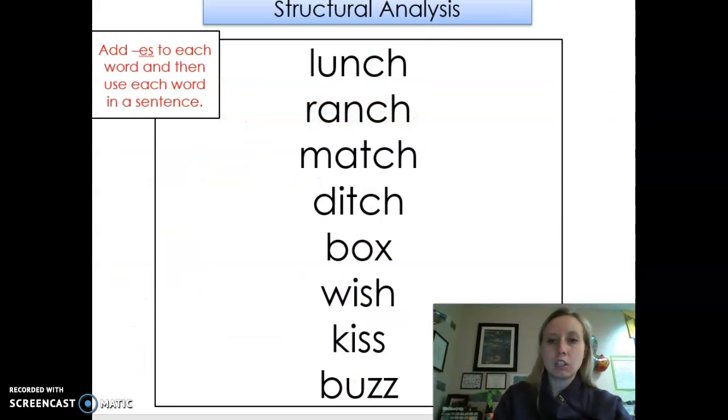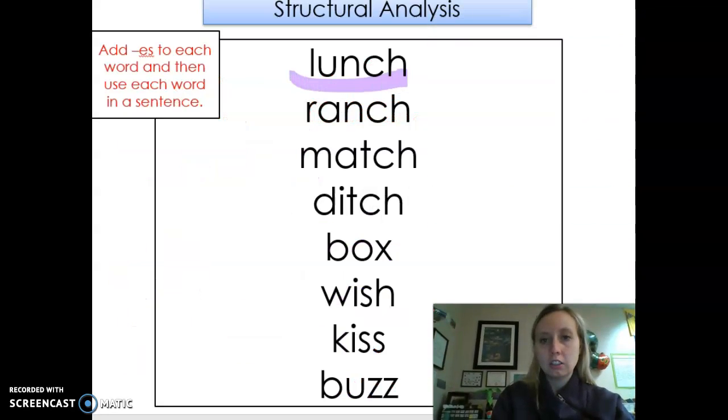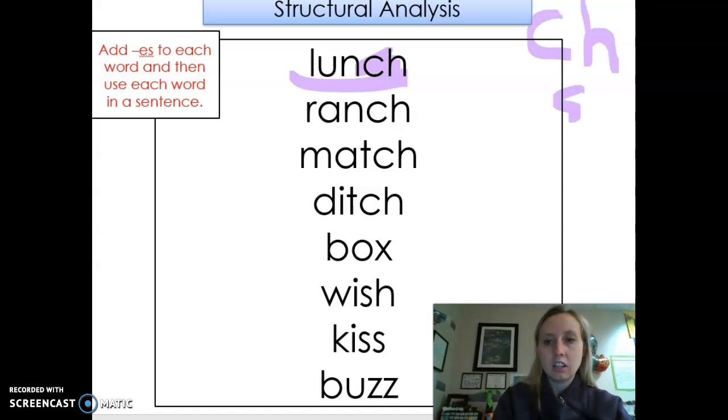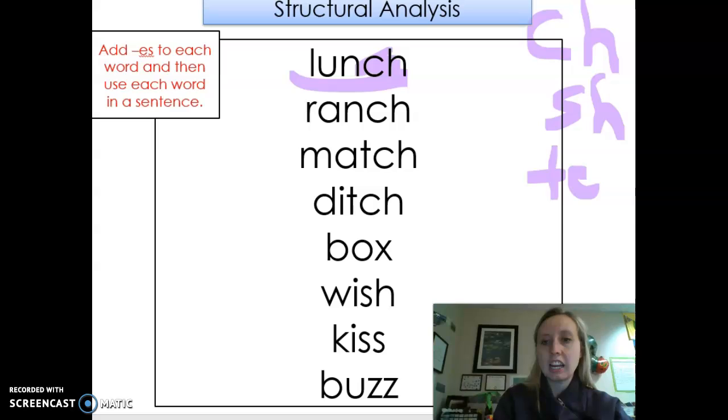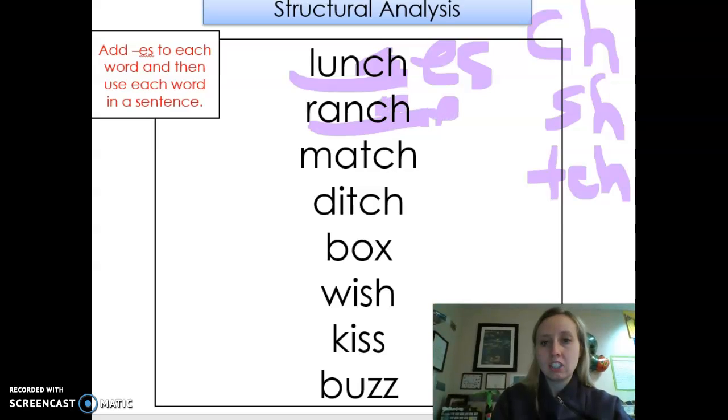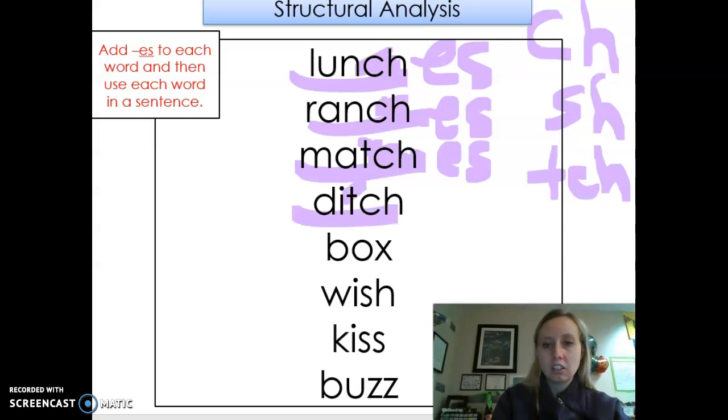So let's look at some words. Lunch. Do you see a CH? I do. Remember, CH, SH, or TCH, you have to add ES. Lunches. Ranch becomes ranches. Match, TCH, becomes matches. Ditch, TCH, becomes ditches.